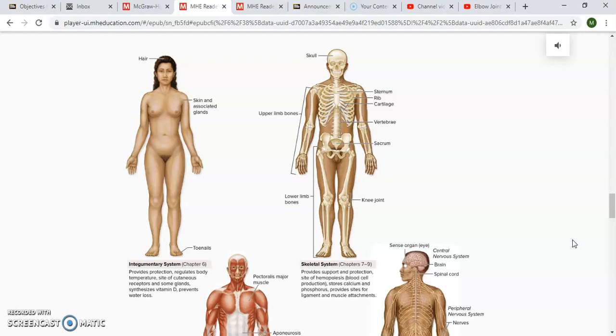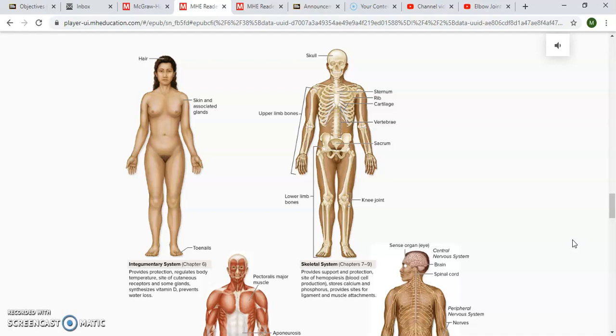We will get there, and then we'll learn more specific details about each of these organ systems. But realize we have to have this basic knowledge and understanding before we can dive into the more complex concepts about the organ systems.